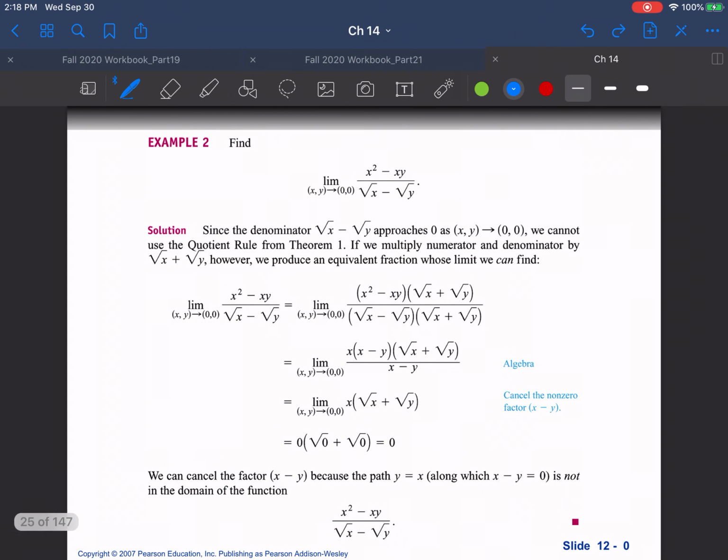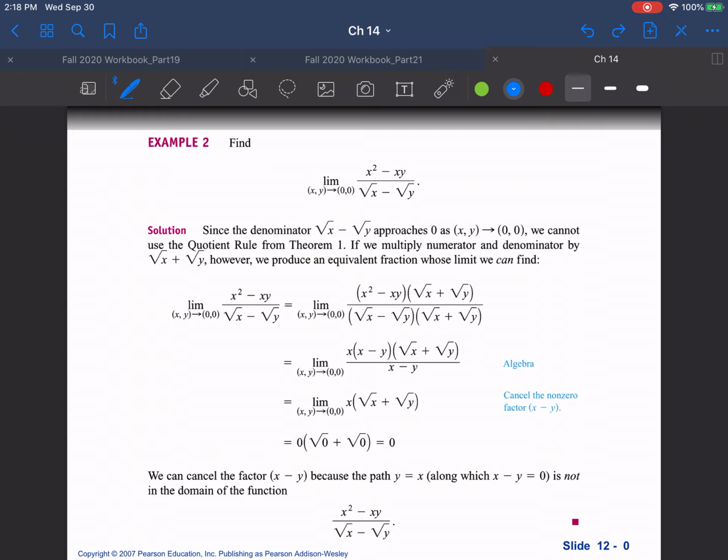Here, this one's a little trickier because if you try to plug in 0, 0, you get an indeterminate form, but like before, if you can do some algebra to get it into a form where it's not indeterminate, then we're good. So we can make an equivalent form by multiplying the top and bottom by the square root of x plus the square root of y.